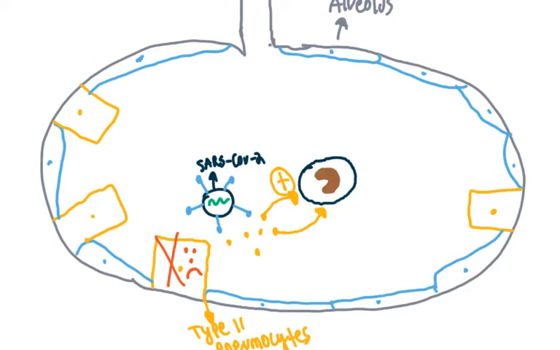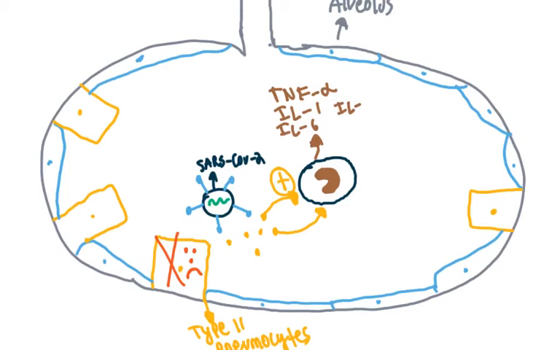So the alveolar macrophage is going to release some inflammatory cytokines. Some of the main ones are tumor necrosis factor alpha, interleukin 1, interleukin 6, and interleukin 8.